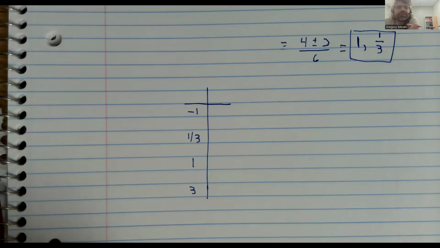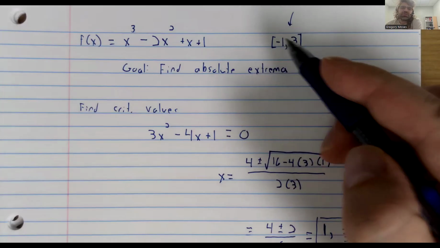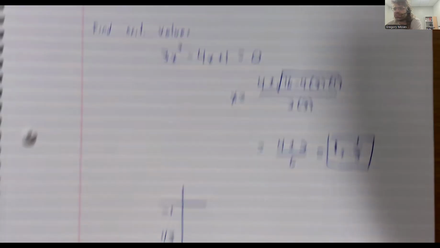Now instead of mucking around with the first derivative test, we're going to create a table. There are a few reasons we're not using the first derivative test. It tells us if something's a local extrema, but that's not what we're looking for. Also, it only applies to critical values. It's useless at the endpoints.